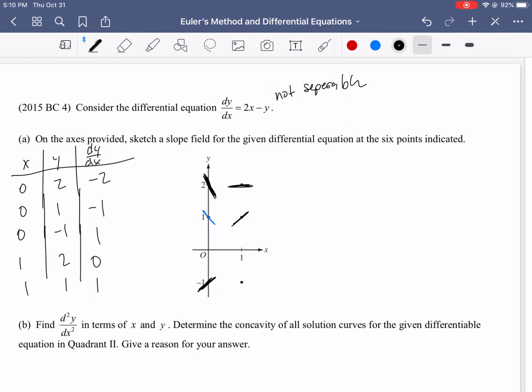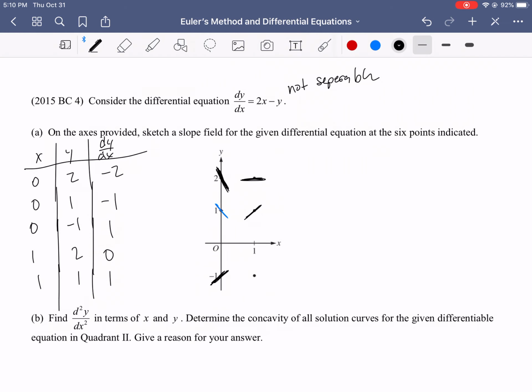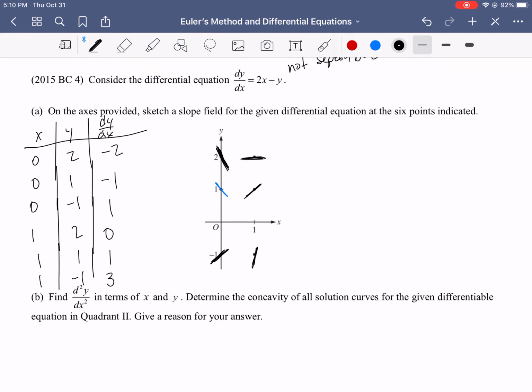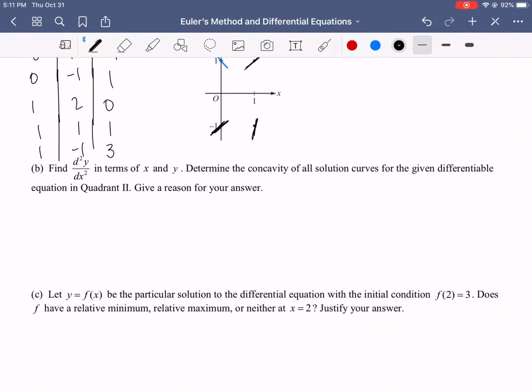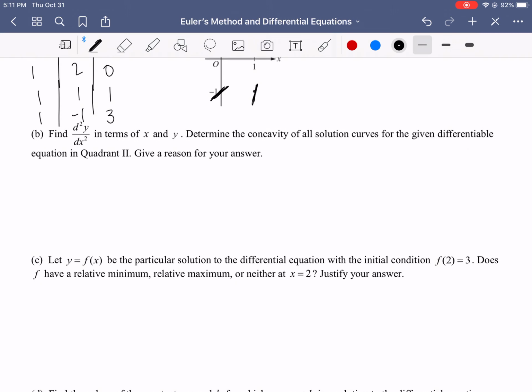And then finally, at the point 1, negative 1, that's the last point that I haven't done yet. 1, negative 1 is going to give us a slope of 3. And so that'll be my steepest line yet at that point. Just as a reminder, they're not looking for any sort of table. That's really just more for you to keep yourself organized. They're going to be grading just your line segments.